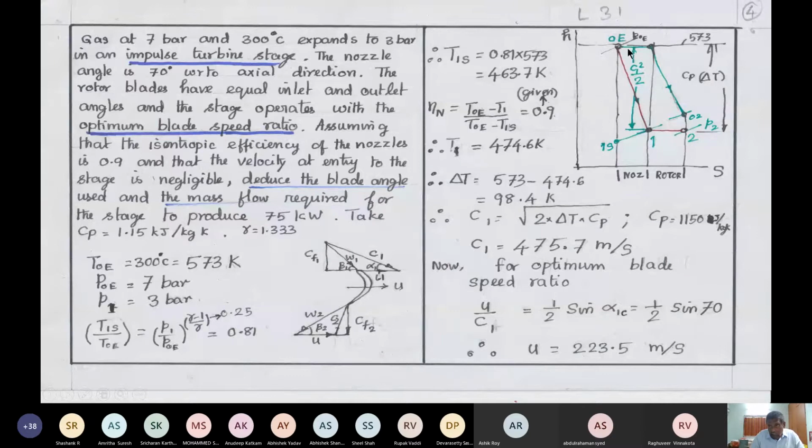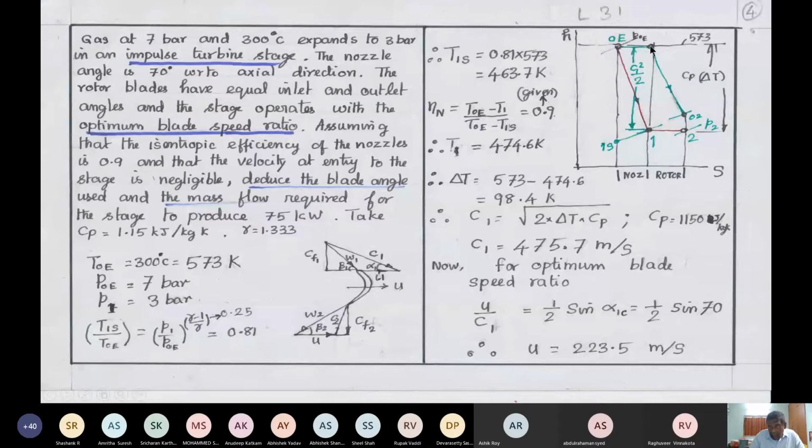Initially between 0e and 1s, the isentropic line, I use the isentropic pressure-temperature ratio relationship and get T1s. Then using the definition of nozzle efficiency, I finally get the value of temperature at 1.